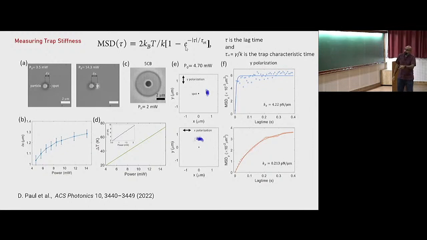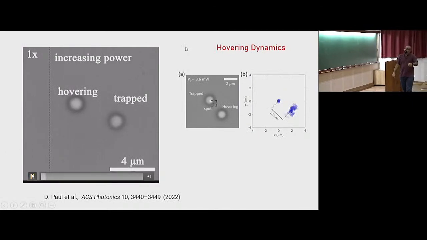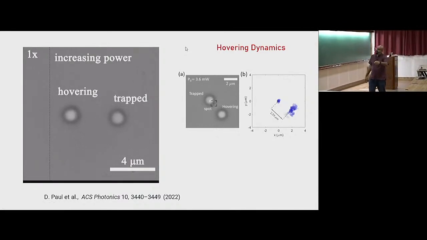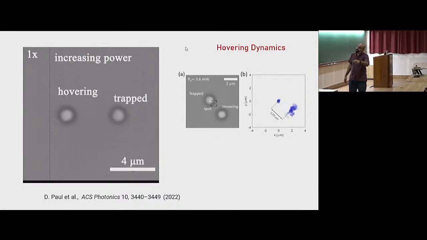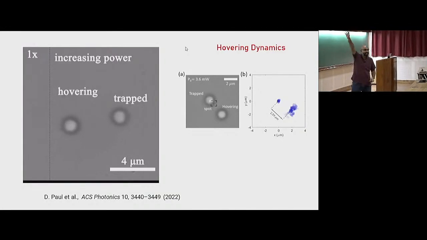Okay, now to quickly wind up, you can now also do some very interesting things. You can make a particle hover by trapping one particle and having this short range repulsion, long range attraction. You can increase the power, you can make the other particle dance elsewhere.